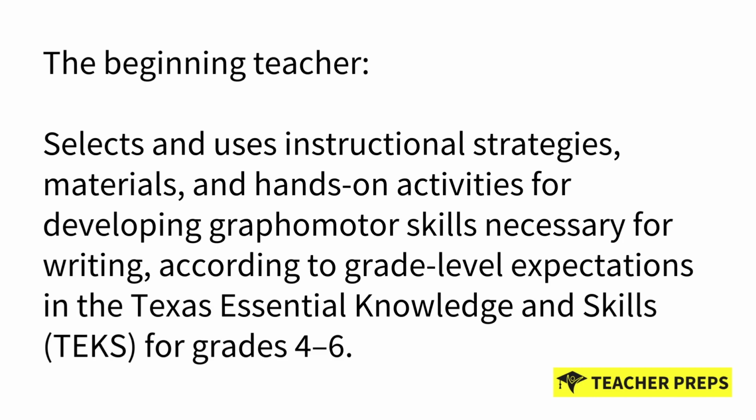Now, broken down, what this means is that we need to make sure we understand how to choose teaching methods and materials to help our 4th, 5th, and 6th graders improve their handwriting and written skills as per the TExES Essential Knowledge and Skills guidelines. Let's make sure you are fully prepped for test day and jump into this lesson now.